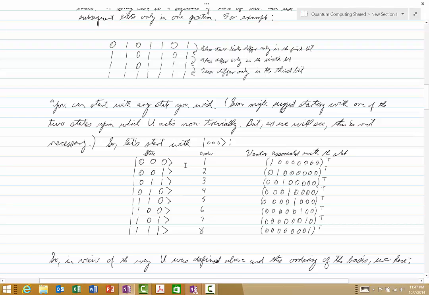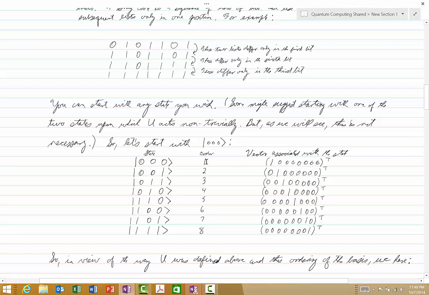But with this gray code ordering, we have a 1 in the third position and then 5 zeros and so on.